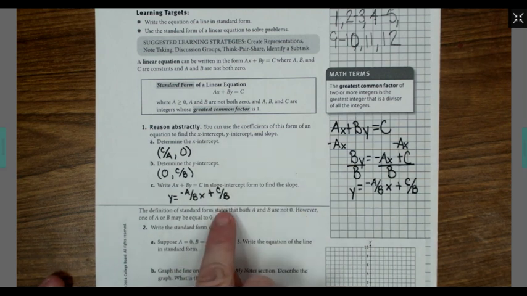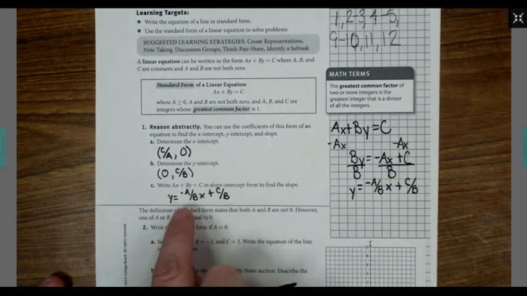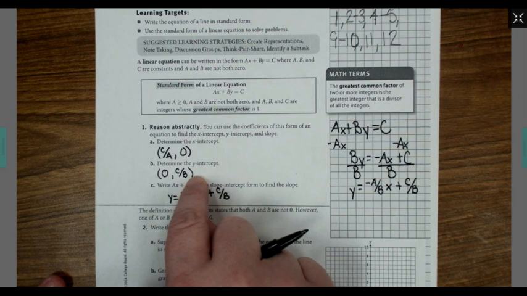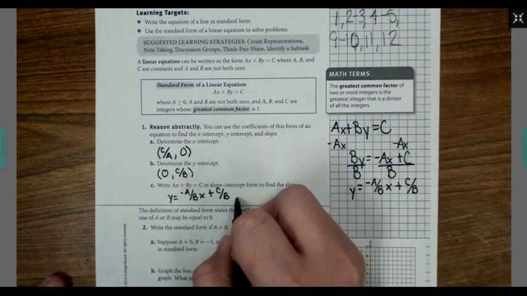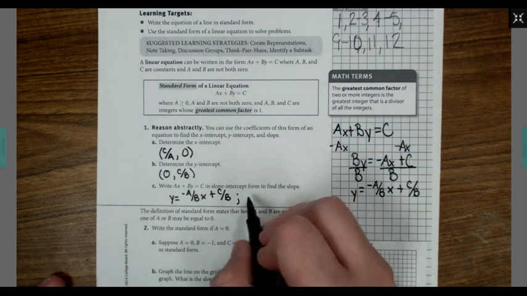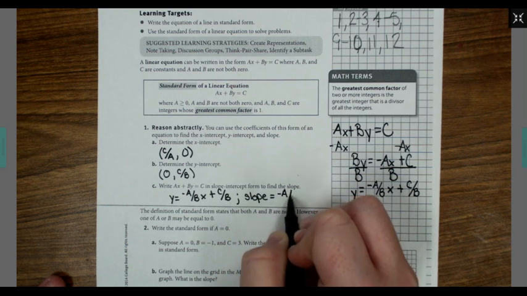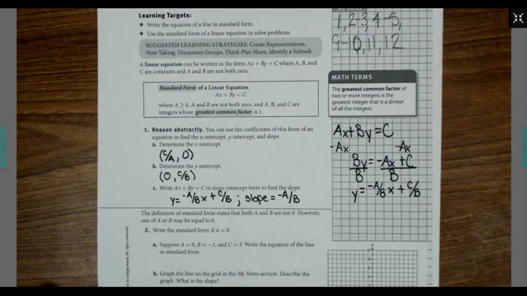Now, if you remember, this is slope-intercept form, right? So slope, intercept, y-intercept. Notice what we said the y-intercept was back in question B. And my slope of this line is negative a over b. On to the next set of questions.